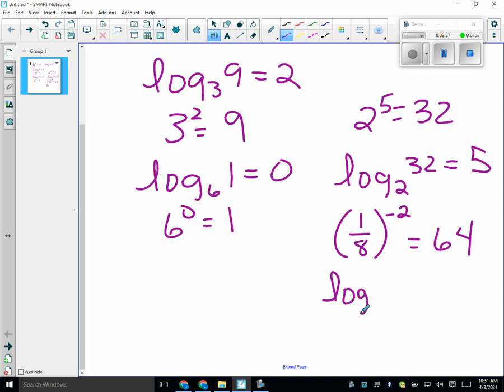Log, what base, of 64 equals negative 2. So the first thing you have to be able to do is go exponential to logs, logs to exponential, right? Is that good? Yeah. So now we can start solving some problems. Is that all right with you?